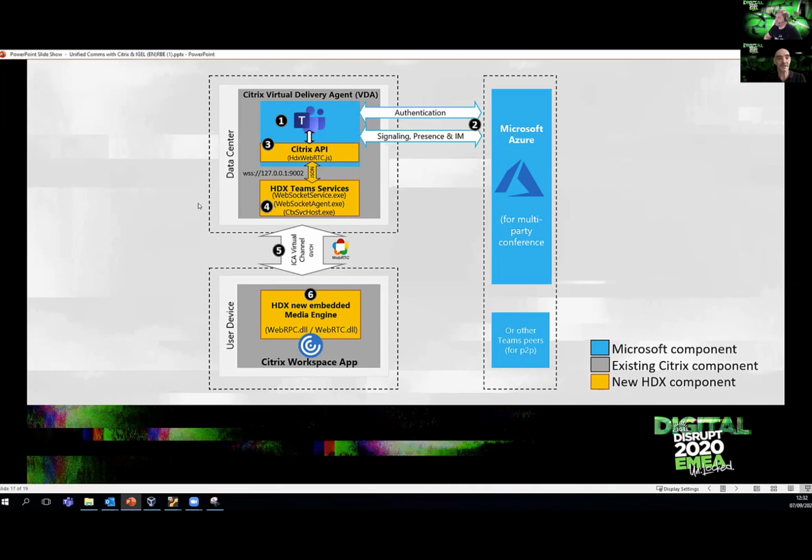Then the Workspace app agent, that's wfica32, the HDX engine, spawns a new process called HdxTeams.exe, which is the new WebRTC engine used for Teams. And then HdxTeams and Teams now have a two-way virtual channel path and can start processing multimedia requests.